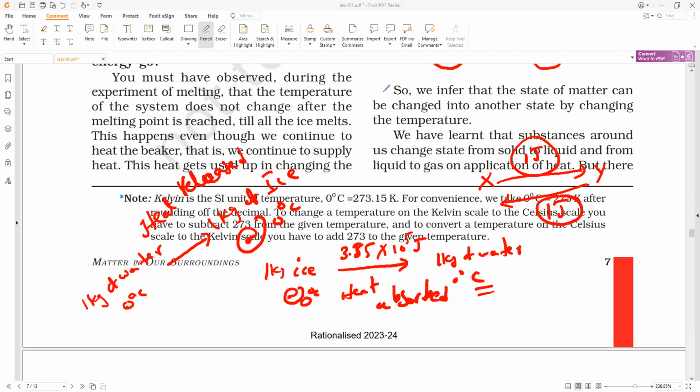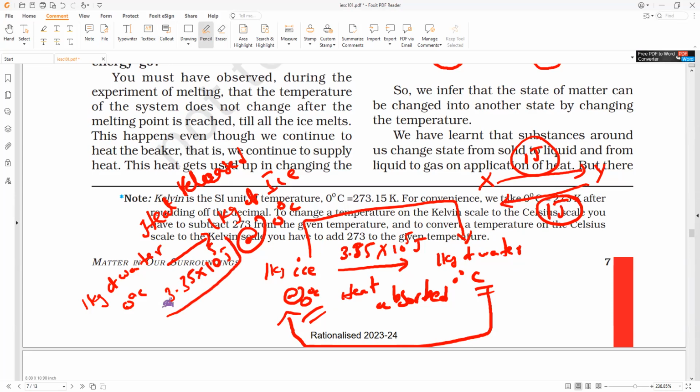So, whatever energy is taken to convert 1 kg of ice to 1 kg of water, the same energy will be released when converting 1 kg of water to 1 kg of ice. Everybody clear? So the energy released in the reverse process is 3.35 into 10 power 5 joules.